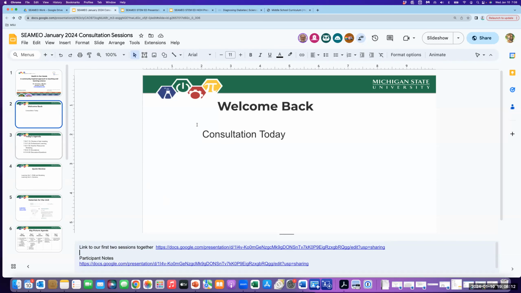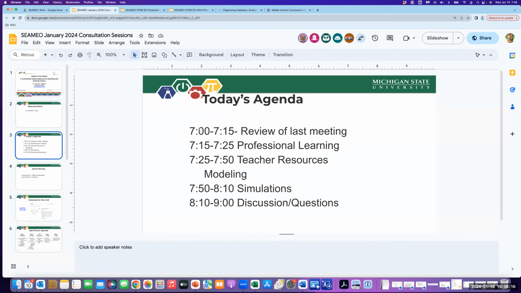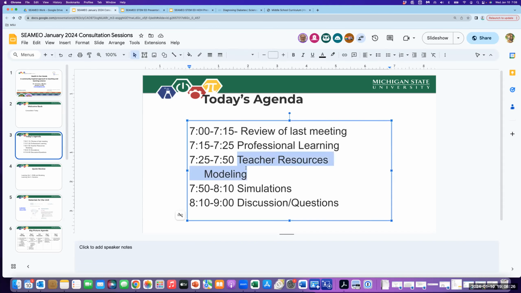So this is kind of what I had thought of for us for today. The agenda is reviewing a little bit over last meeting, talking about professional learning, talking about some of the teacher resources, and also about modeling, discussing the simulations that are in the unit.